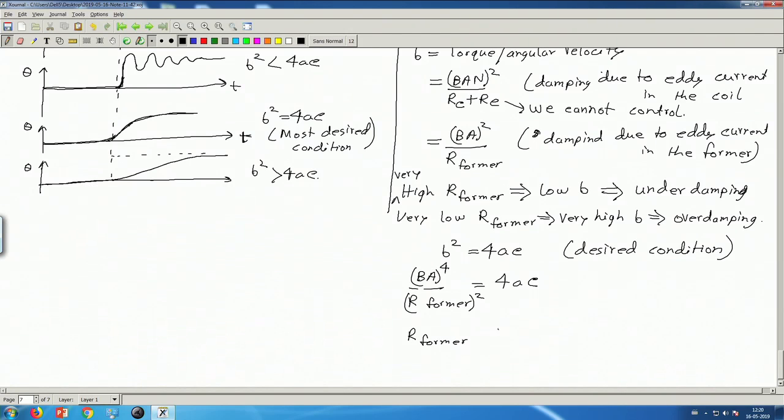You can choose it to be equal to BA square divided by root 4ac. Okay, so this is the desired critical damping.